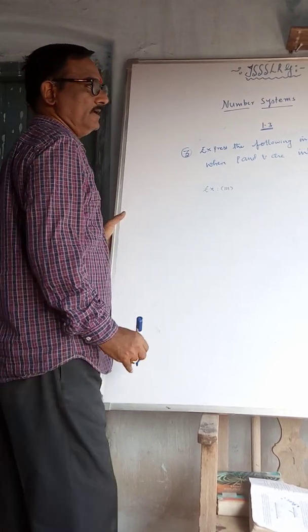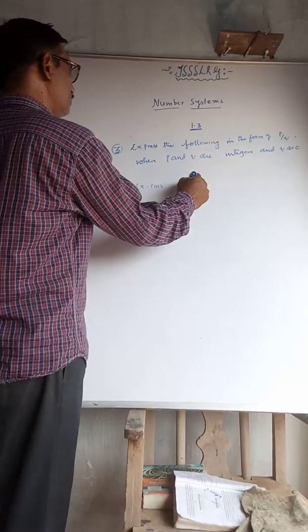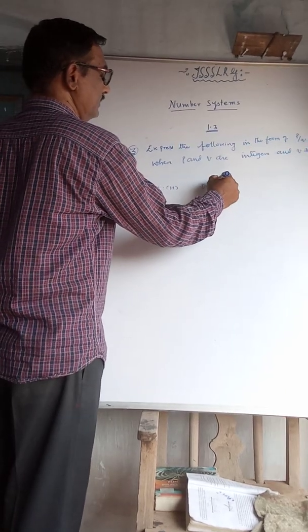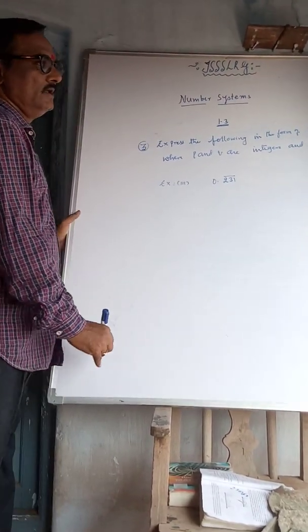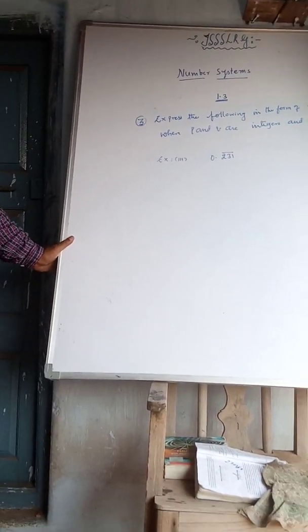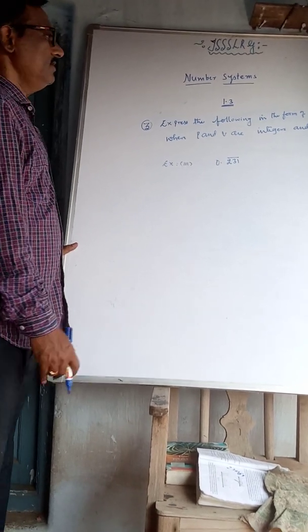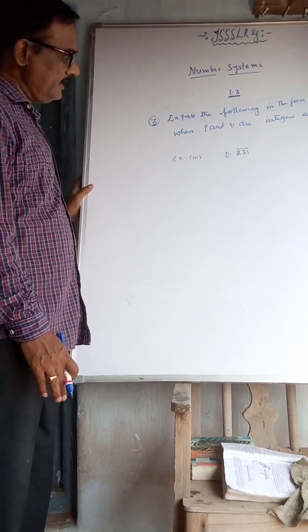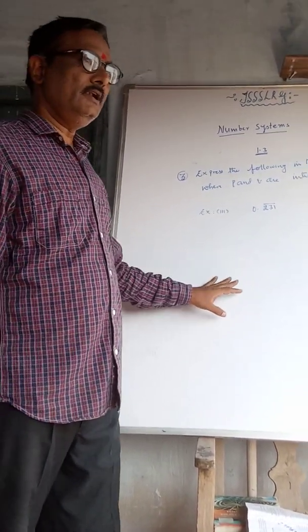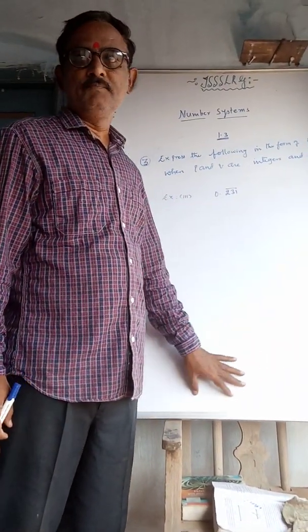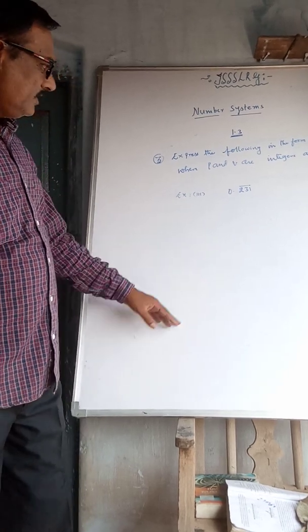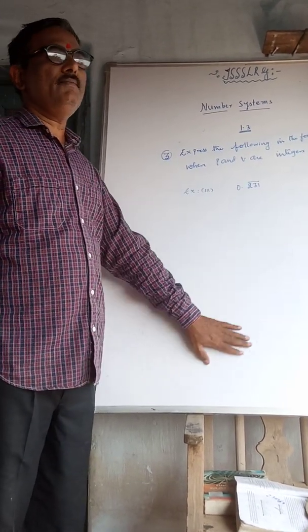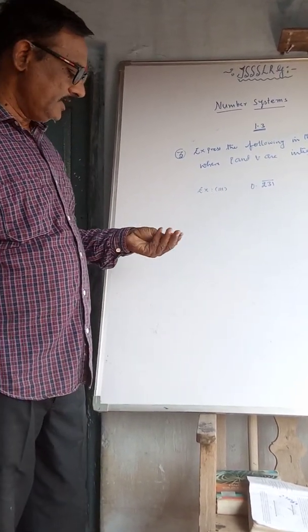Let us take 0.231 bar. Now here the bar is for three numbers. So we multiply by 1000 on both sides, and we are going to convert this given decimal number into the form of P by Q.